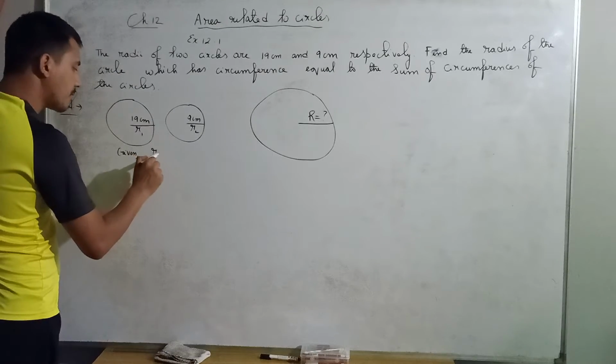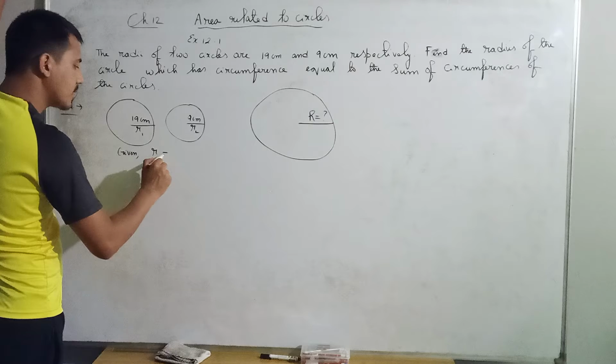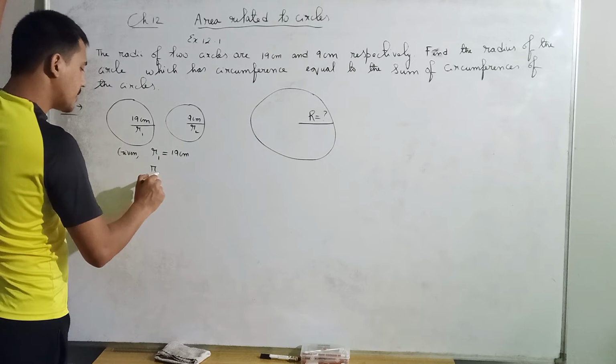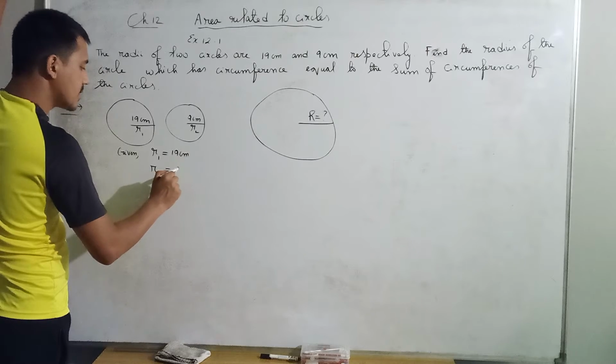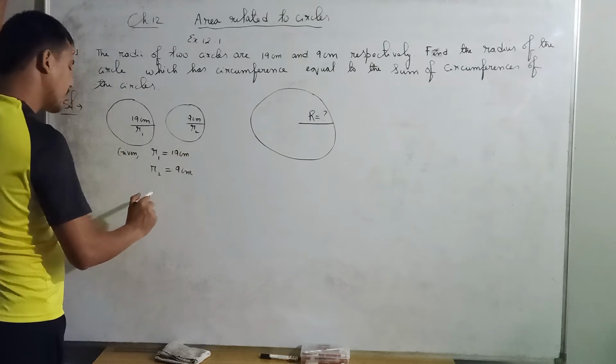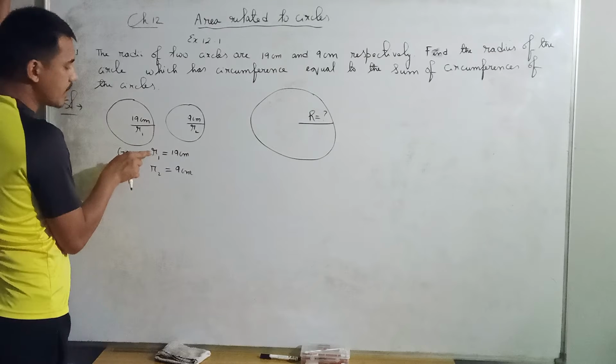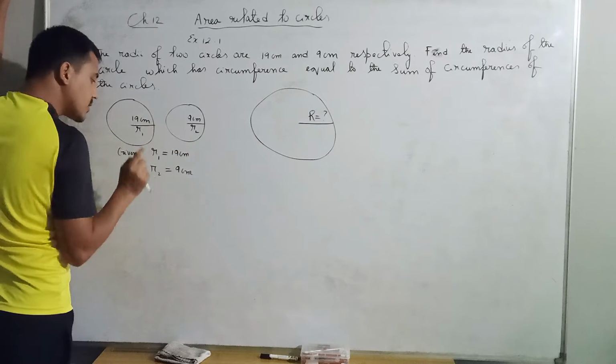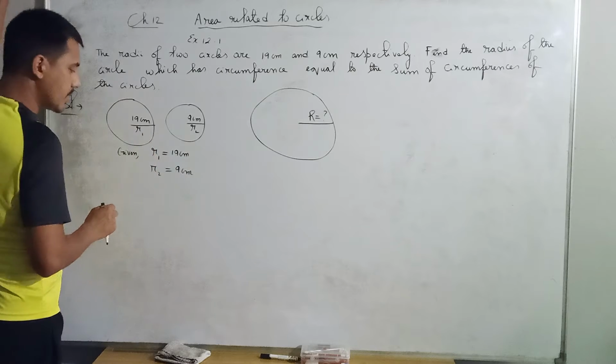So I'm going to just write given: the radius of the first given circle, say R1, is 19 centimeter, and the radius of the second given circle is 9 centimeter.